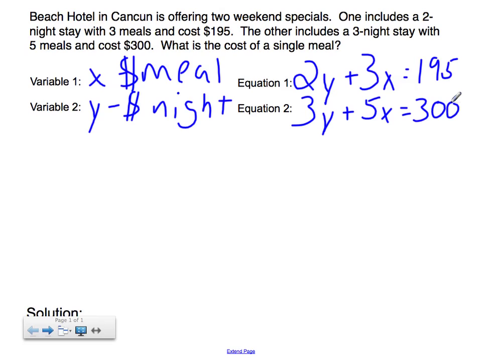Now, remember that once we identify what the variables are, which again are the values that we do not know and that we're actually trying to look for, the cost of a single meal and the cost of a night stay, then we can look at the sentence and say, if 2 nights plus 3 meals equals $195, then according to how we've situated our variables, that is just 2y plus 3x, or 3 meals, equals $195.